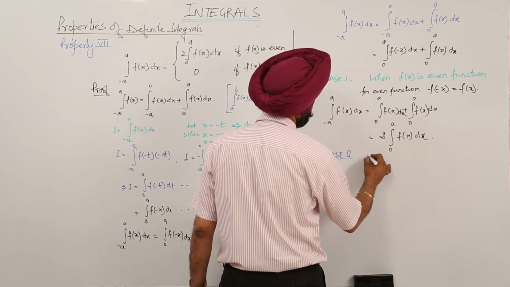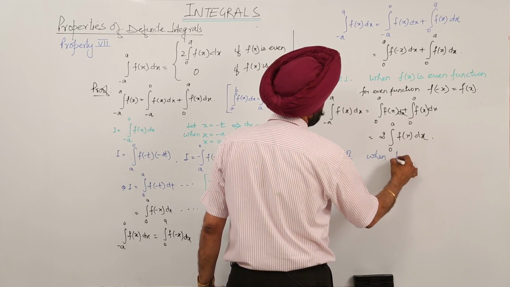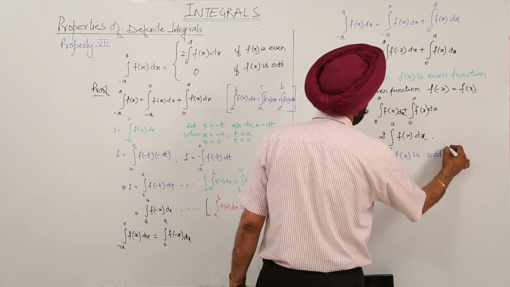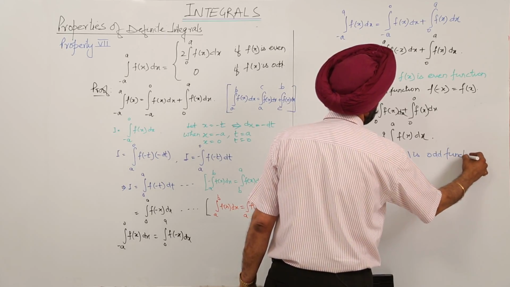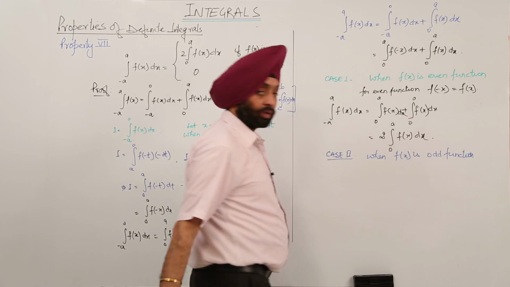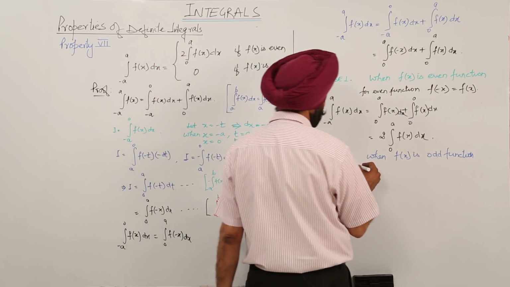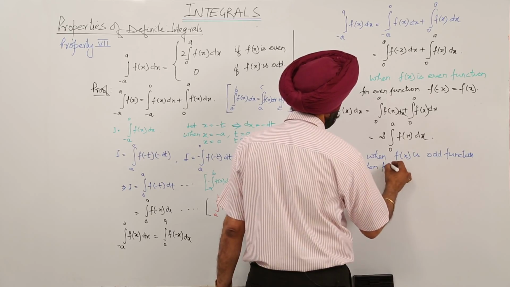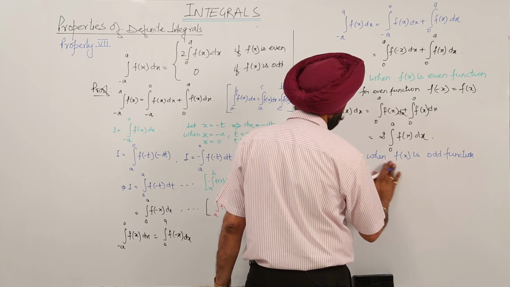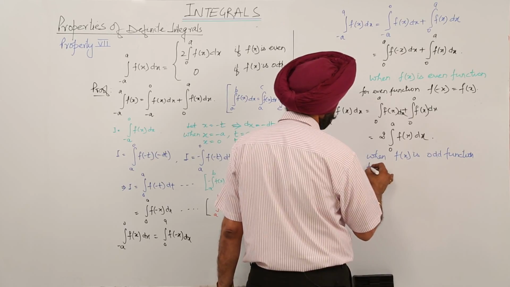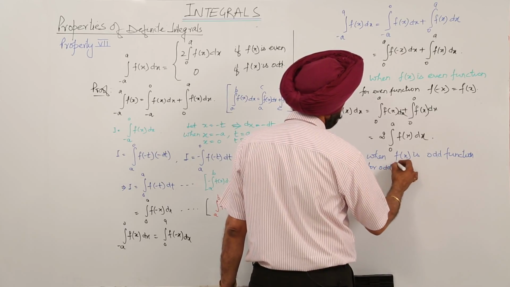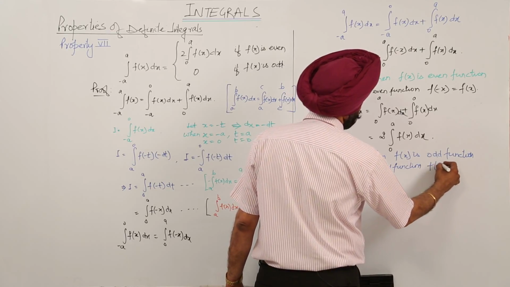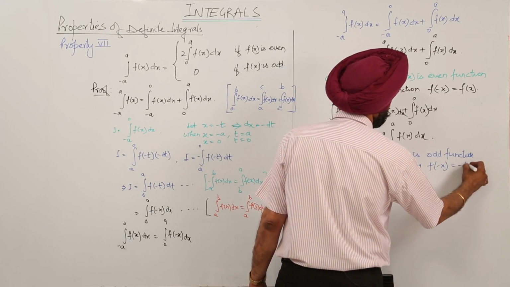Case 2, when f(x) is an odd function. Let us write for an odd function, f(minus x) is equal to minus f(x).